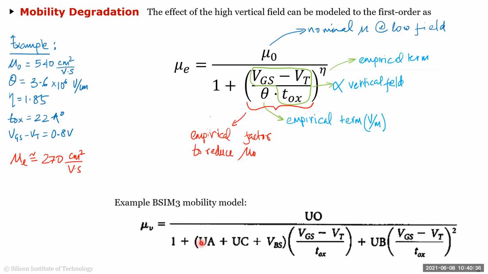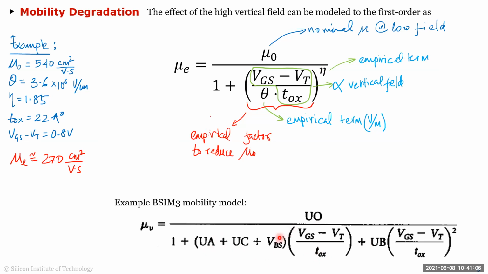And if you look at the BSIM3 mobility model, this is kind of a mobility model. And like I said, these are all fitting parameters. The physics are so complicated they don't have physical equations here. They have fitting parameters: mu UA, mu C, mu naught, mu B. And after the chip comes back, the test structure, they measure and they bin it and do a lot of, just like we did with our extracted parameters.